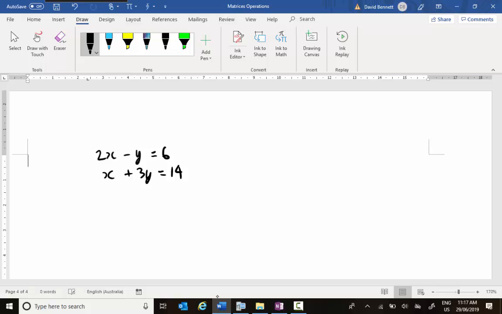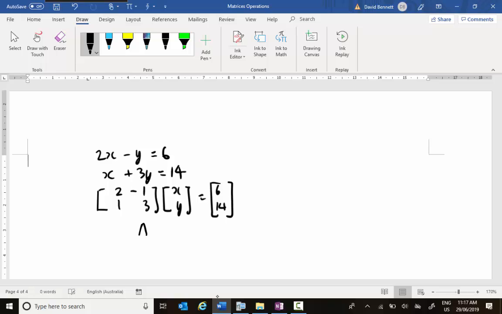So we're going to go through the whole steps really quickly, what I just did then. Right, first thing is I have to write these as detached coefficients, 2, negative 1, 1 and 3. That will be times by x, y. Okay, and that's equal to 6 and 14. Done.